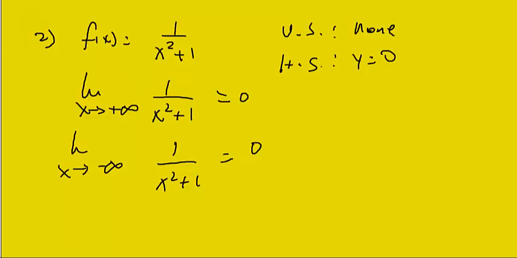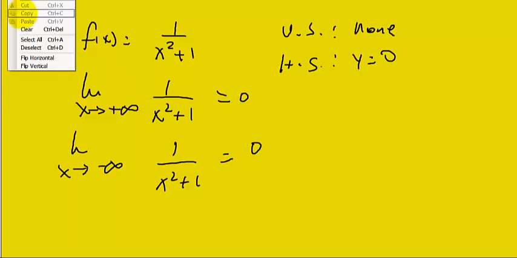All right, one more tricky one on this one. Number 3. What did you get for vertical asymptotes? What about your domain? Vertical asymptotes.